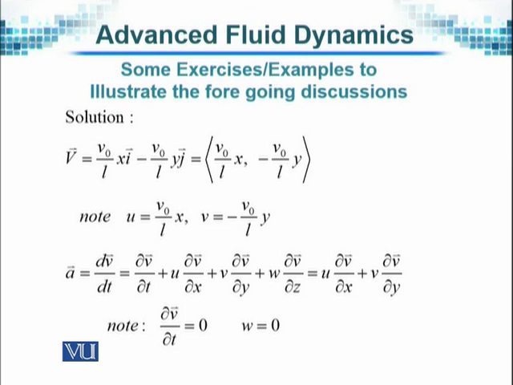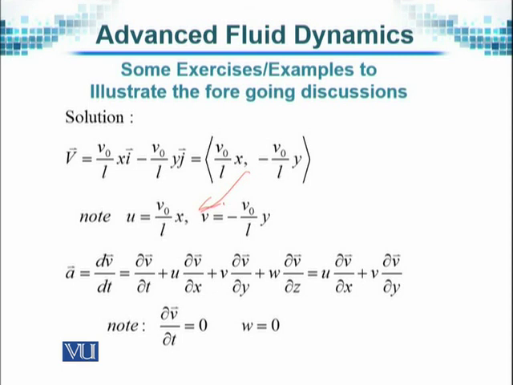These are given as constants, so we will be treating them as constants. So the u component of velocity is V naught over L into x, and the v component is minus V naught over L into y. These are the same values written in a separated form.